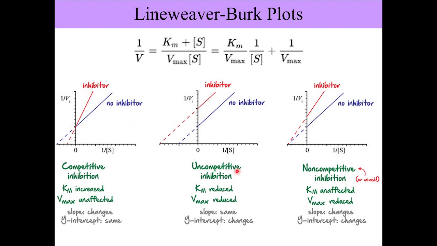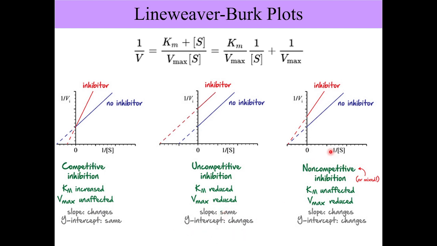Then we will see the uncompetitive inhibitor. What happens in uncompetitive inhibition? Km decreases, Vmax also decreases, right? So this is 1 by Vmax and therefore it is going to decrease. This tells you that Km gets reduced, Vmax gets reduced and the slope remains the same, but the y-intercept changes.